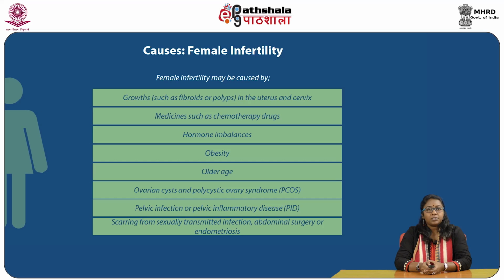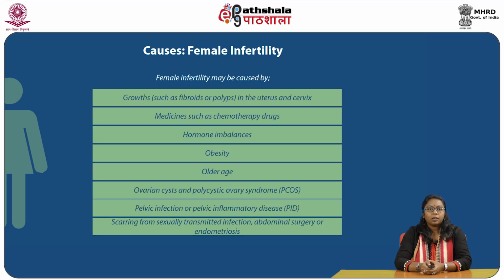Tenth, medicines such as chemotherapy drugs. Eleventh, hormone imbalances. Twelfth, obesity. Thirteenth, older age. Fourteenth, ovarian cysts and polycystic ovary syndrome, PCOS. Fifteenth, pelvic infection or pelvic inflammatory disease, PID.